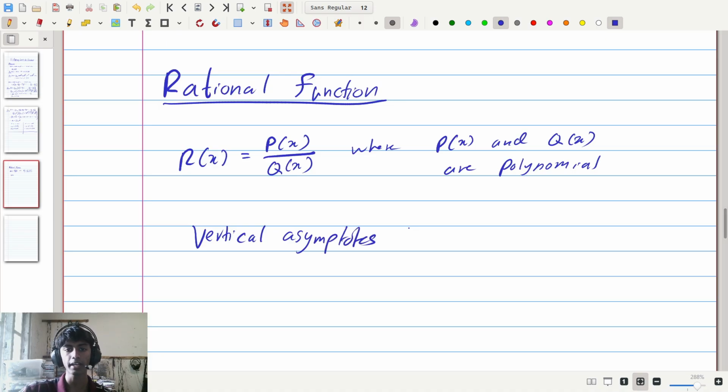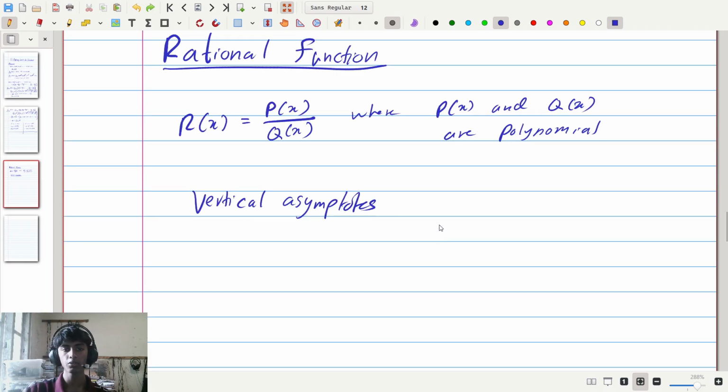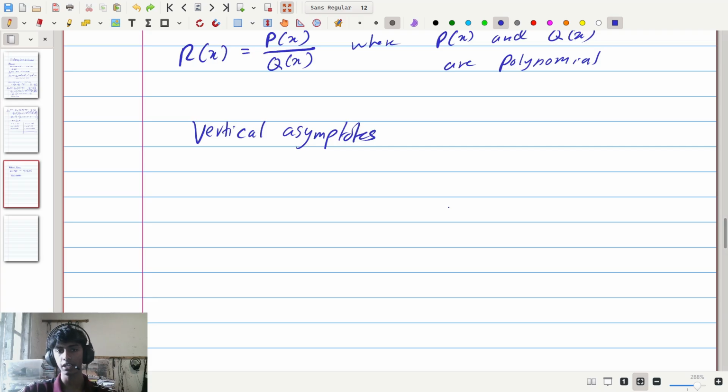At a vertical asymptote, the function is discontinuous. There is no actual value at the exact point where the asymptote exists. Rather, on the left hand side we are approaching some infinity, on the right hand side we are approaching some infinity, and in the middle at the exact point, there is no exact value. For an example of a vertical asymptote, we can take y equals 1 divided by x. This function has a vertical asymptote at x equals 0, as we saw in the last video as well.